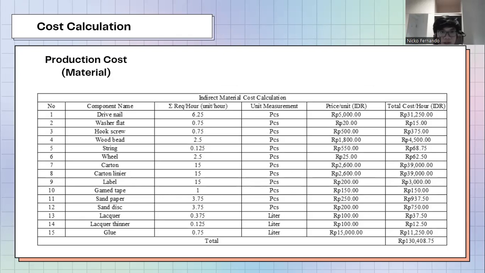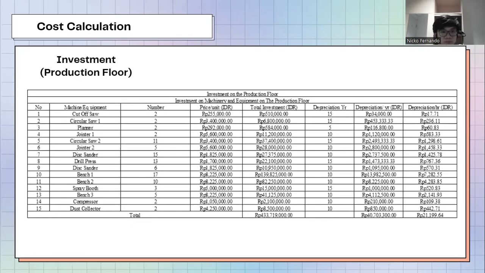And the next part is indirect material cost calculation. After we calculate, we got a total cost per hour of 130,408.75 rupiah. And then we got the investment for the production floor.